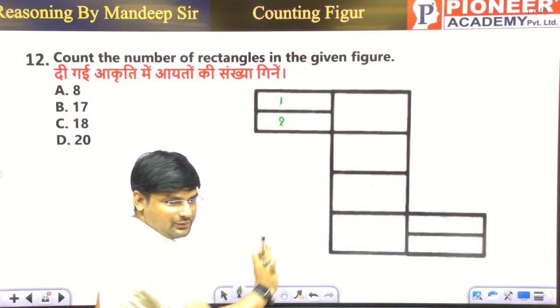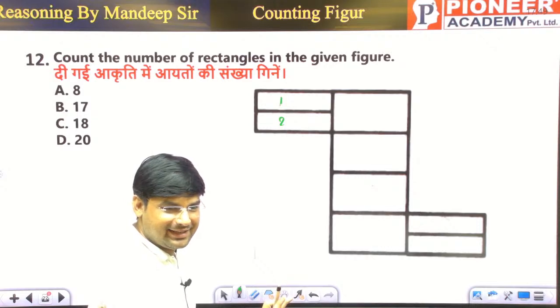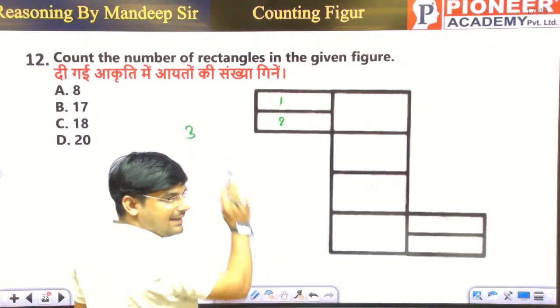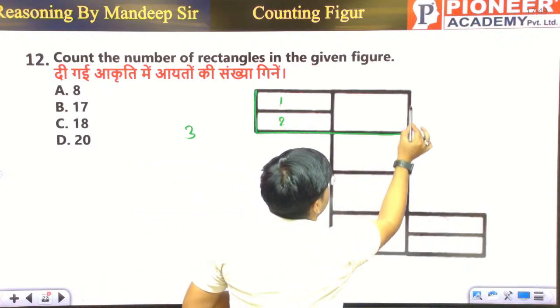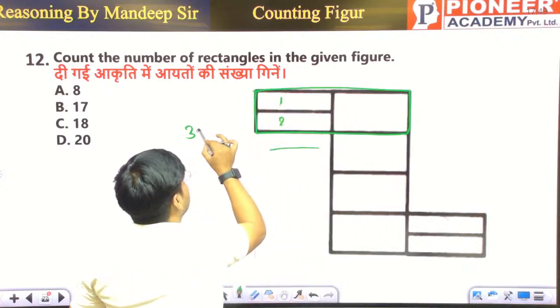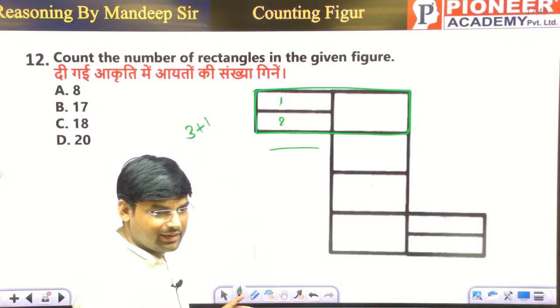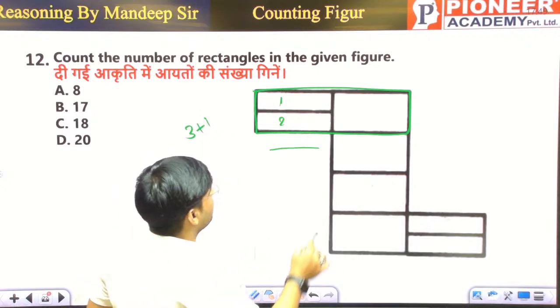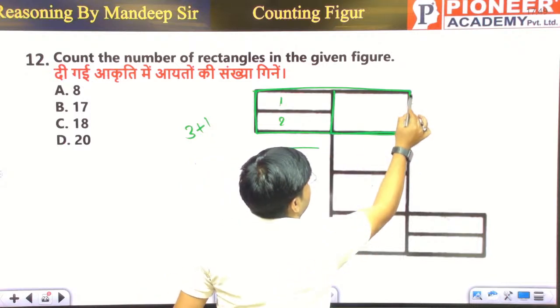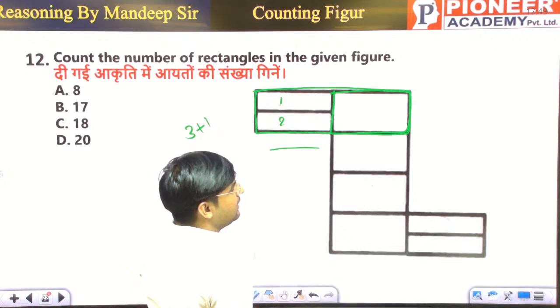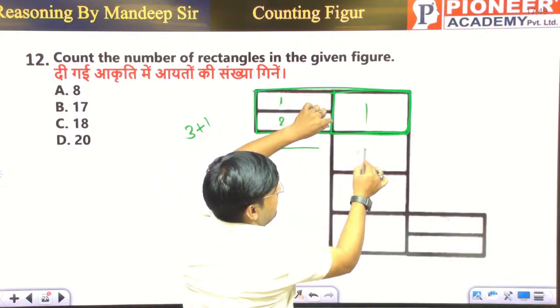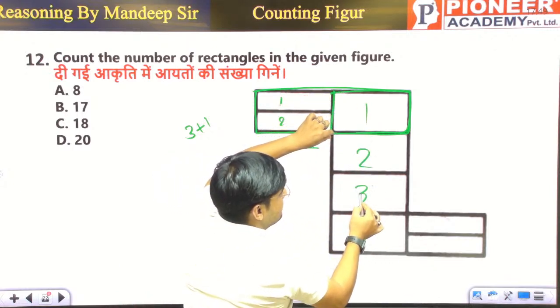1 and 2. Clear? There are 3 rectangles and this one is 1. It has been counted on this side. 4 plus 3 plus 2 plus 1.